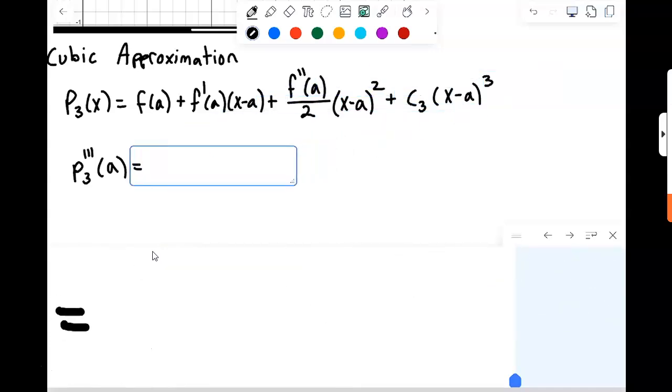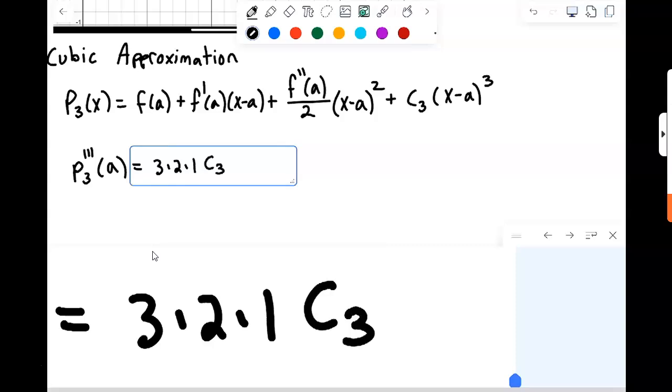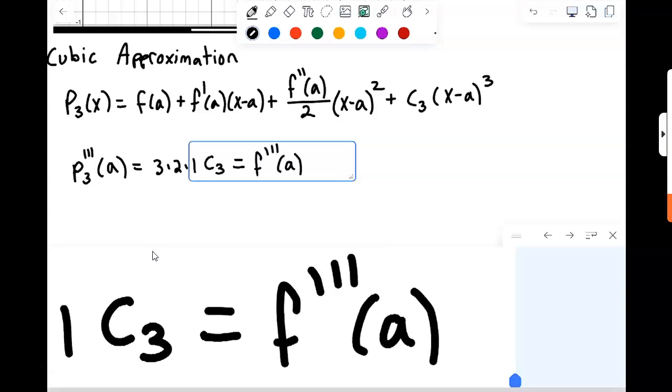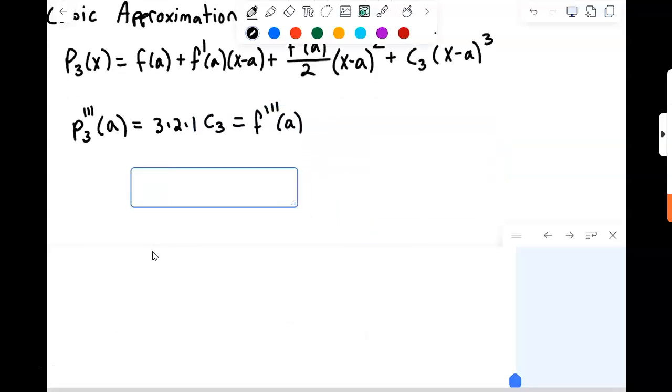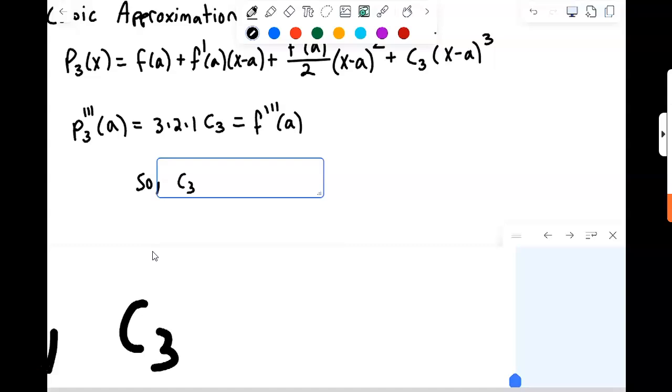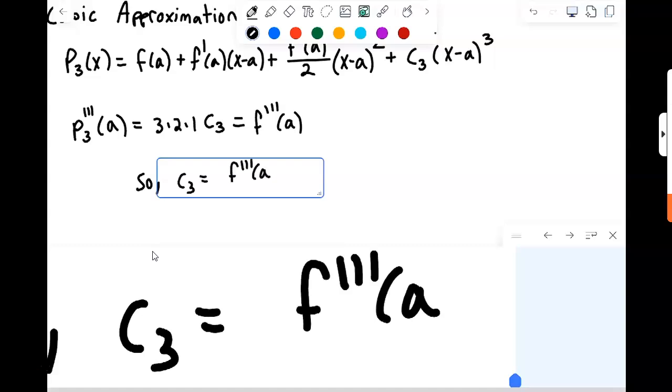So we would have 3 times 2 times 1 times C3 has to be equal to F triple prime of A. So in other words, C3, after we do the derivative 3 times, would have to be F triple prime of A divided by 6.